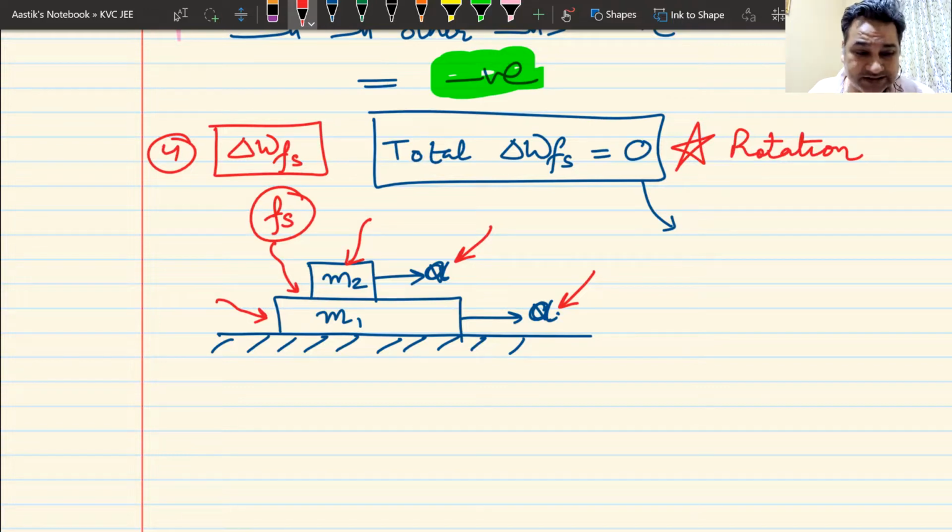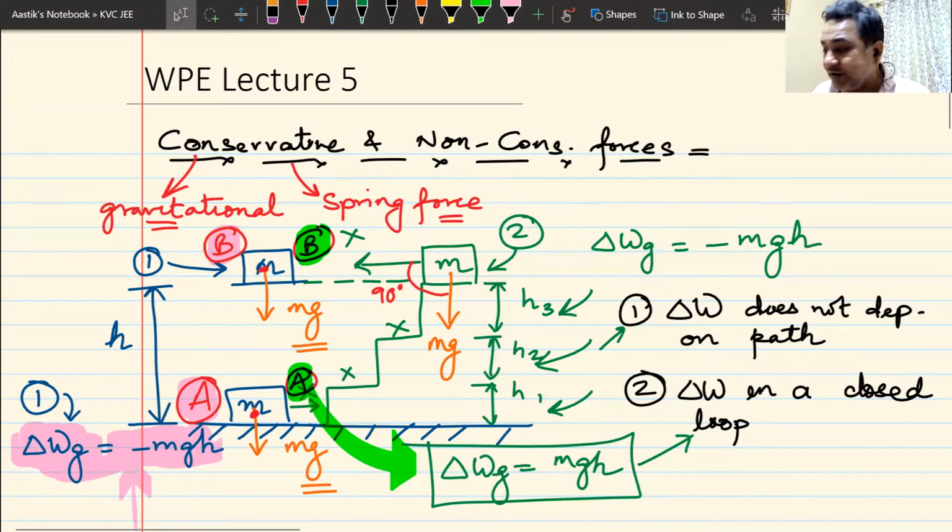What have we discussed in today's class? Let me summarize it. We have discussed what are conservative forces, and we have seen there are forces like gravity and spring force, on which work done does not depend on path. You go from any path, work done is same. You move in a closed loop, work done is 0. Such forces are known as conservative forces.